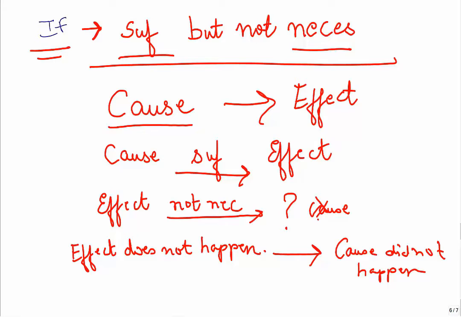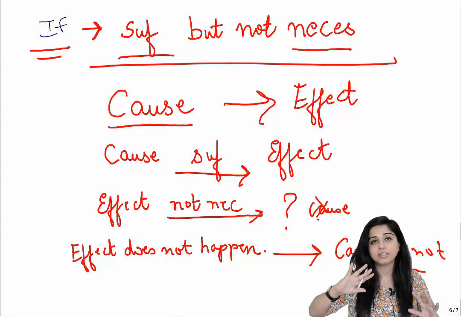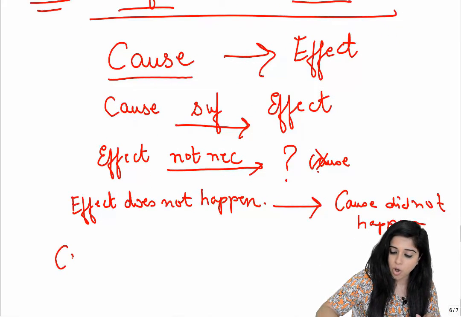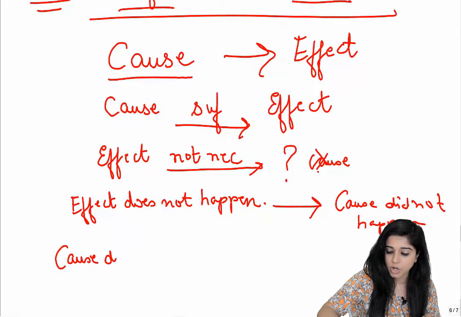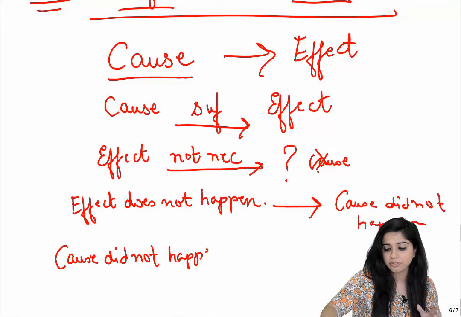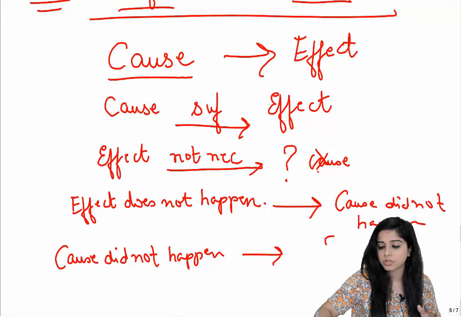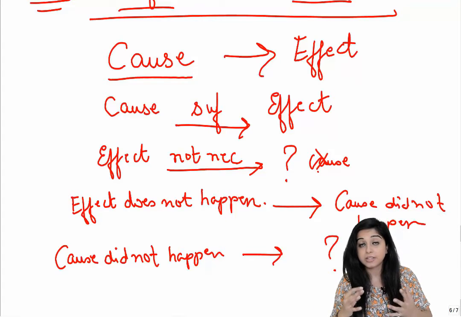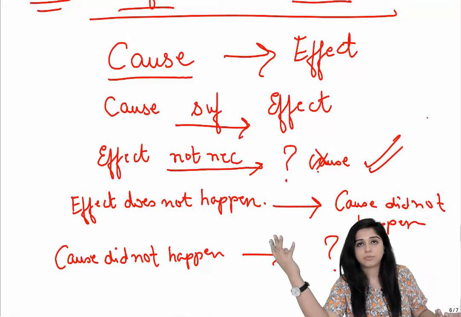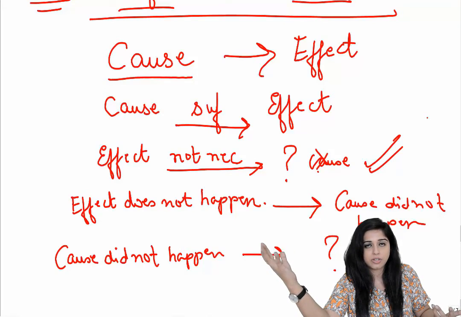But if the effect is not happening, then it is a done thing that the cause did not happen. But if the cause did not happen, then we can't for sure say anything about the effect, because the effect happens irrespective of the cause.